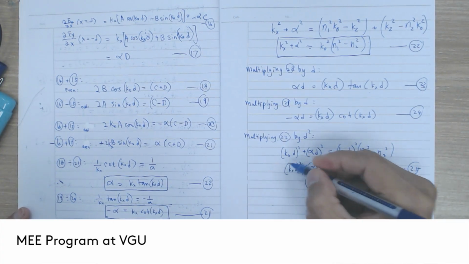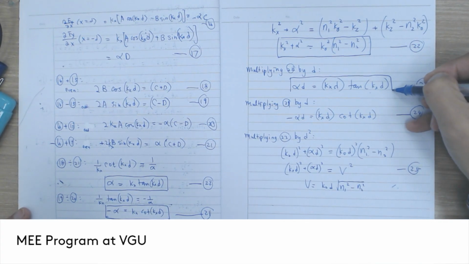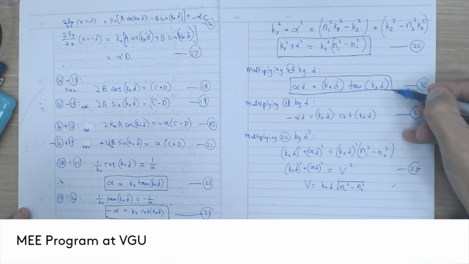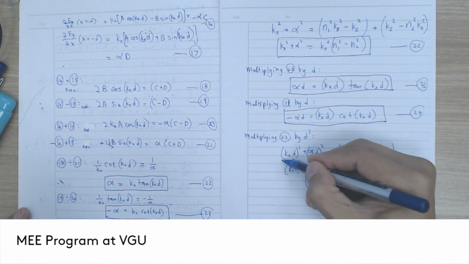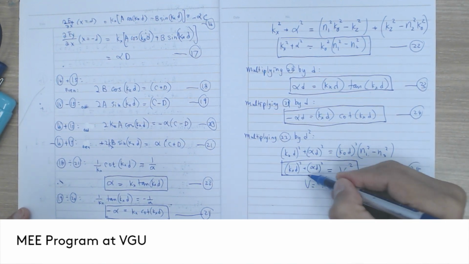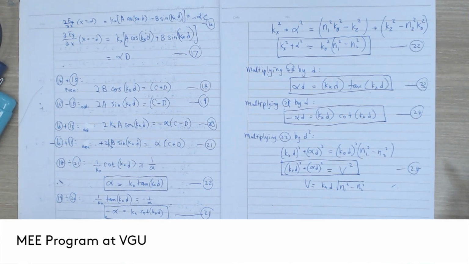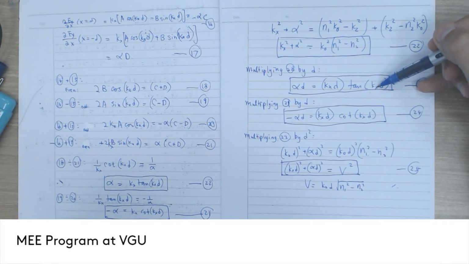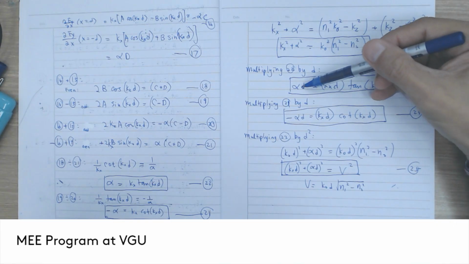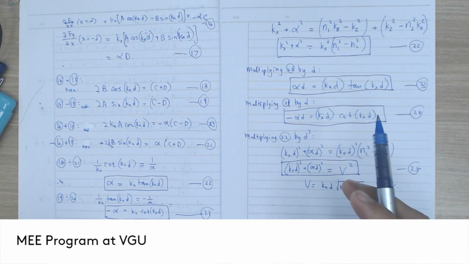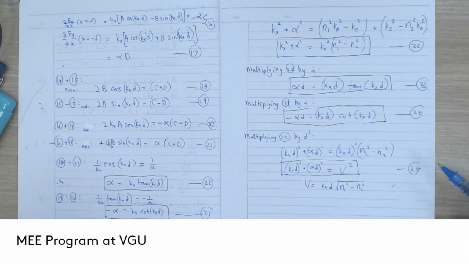Fine. So we have got 3 important characteristic equations. And what we can do here, we can assume kx times d is the variable for the horizontal axis. We can assume alpha d as the variable for the y-axis.